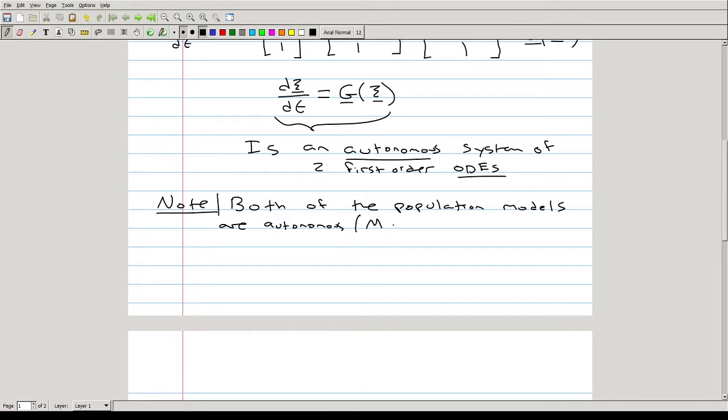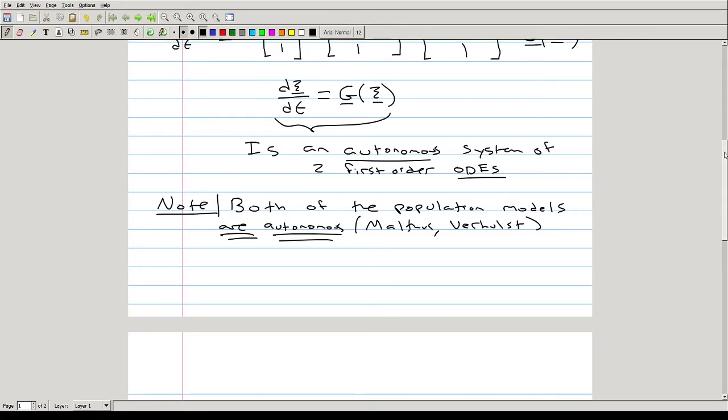This is the Malthus and the Verhulst models. And these are the most basic form of those models. We'll see a more generalized form today that is non-autonomous, that is sometimes better to use in certain scenarios.